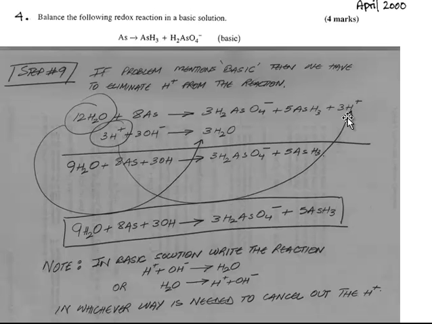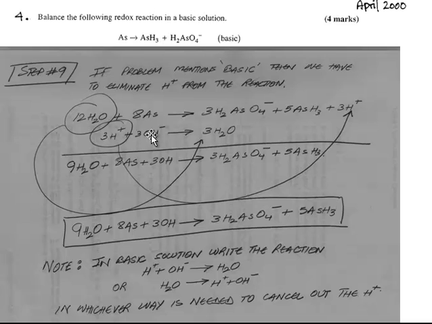So, for instance, if this was 6 H plus, over here we would make sure we introduce 6 hydrogens on the left hand side to cancel them out, and that would mean that we would be introducing 6 H2O. But since this is 3, we write down 3 hydrogen on the left hand side. We write down the reaction of self-ionization of water, and 3 H2O gives us 3 OH, 3 H in the reverse. So 3 H plus 3 OH gives 3 water.